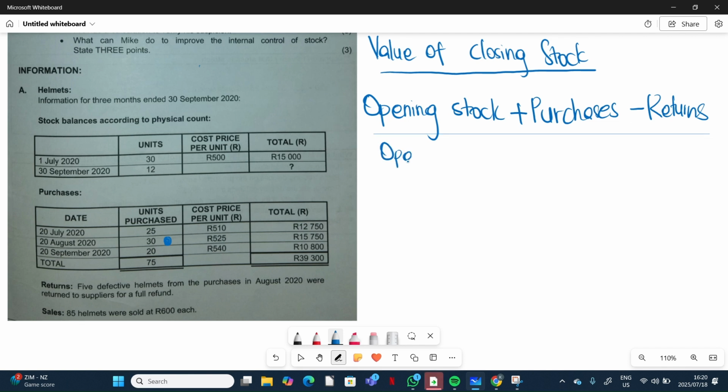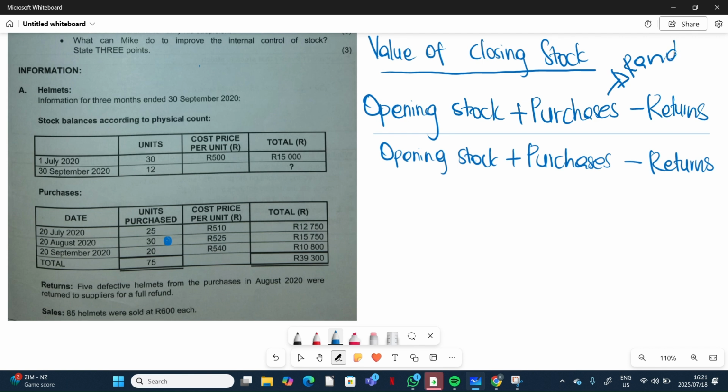The opening stock plus the purchases minus the returns. The one on top is the amounts, it's the rands. Then the one below is for the units. So we use units for us to get the average. Right. So now let's get into it and see how we would do it.